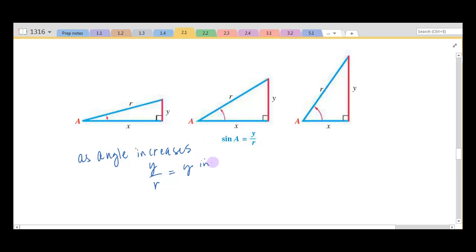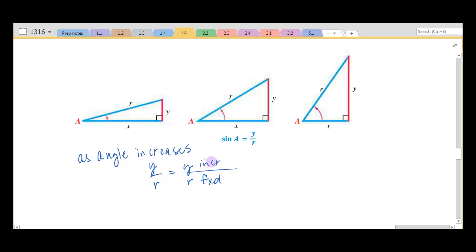Y increases. And what happened to r though? In each of these triangles, I know for a fact that the length of r is also going to stay the same. So r is always fixed. The hypotenuse of our triangle is always going to be fixed. So r stays the same.